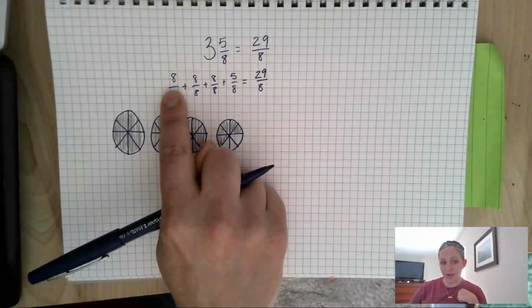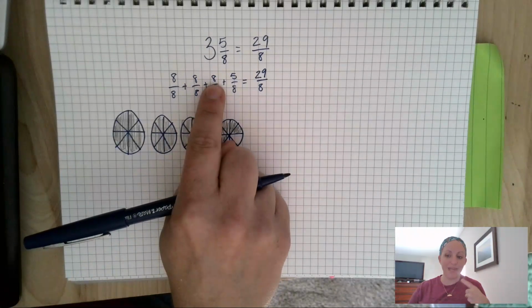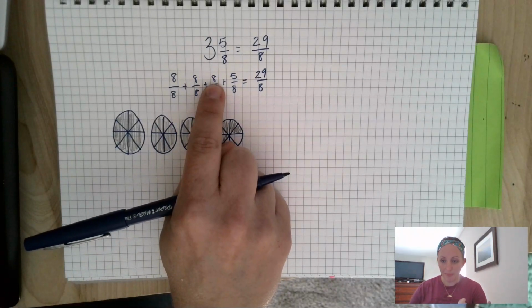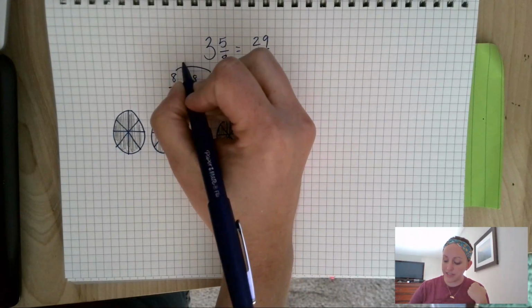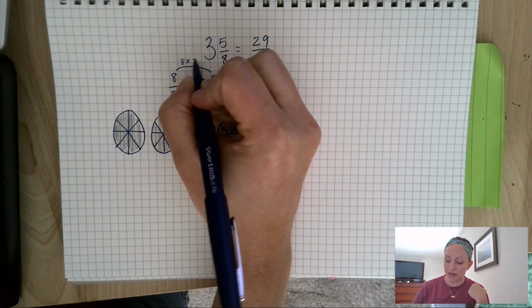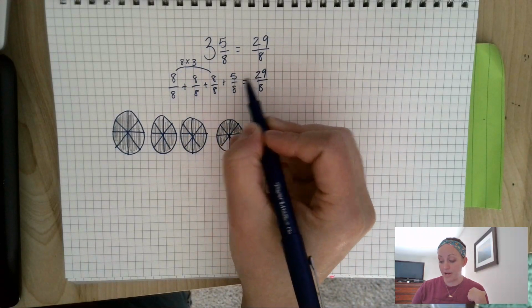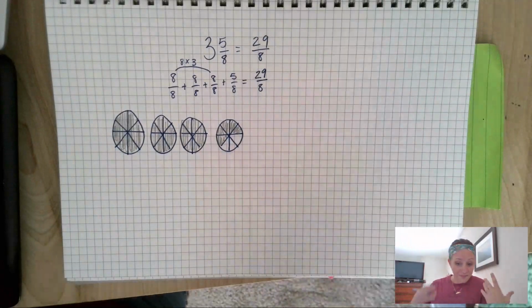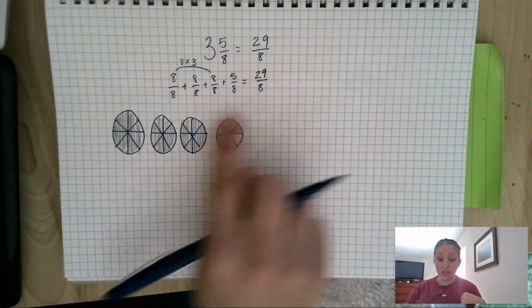Look at what we did right here. 8, 8, 8. That's repeated addition. That's the same thing as 8 times 3. And then we just add the 5 more. All right? So again, it's just a strategy you can use.